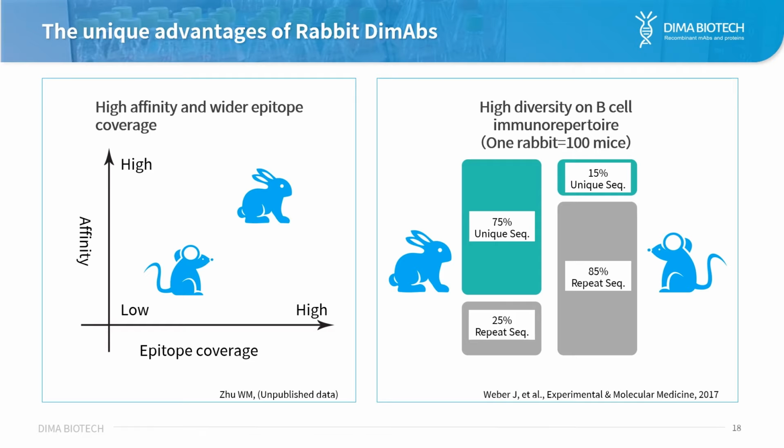Also, the body size of rabbit is much bigger than mouse. For one immunization, rabbit gets 100 times more B cells than mouse, which means you get more clones to choose for a particular target. That's why we choose rabbit as major immune host for our therapeutic antibody discovery.